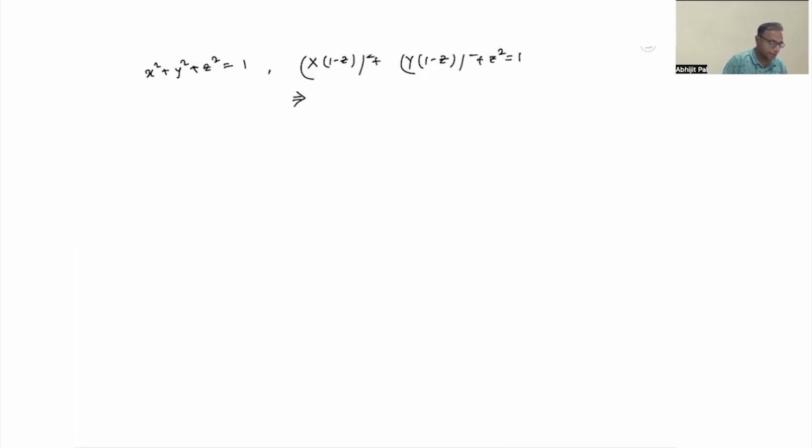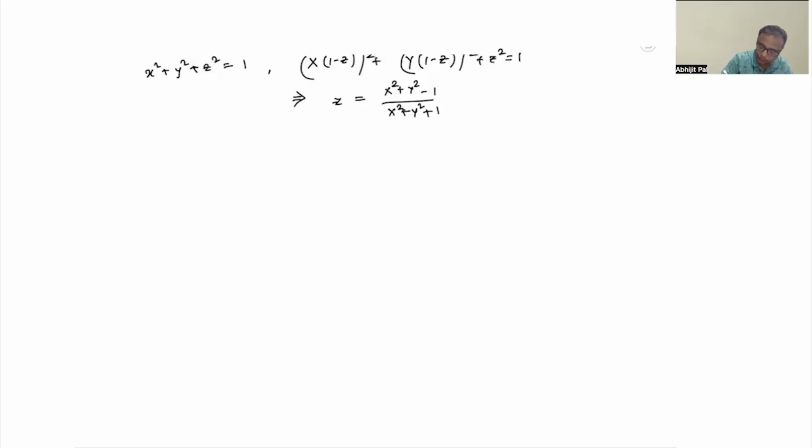You can solve that, and because z is not equal to 1, z will be equal to capital X square plus capital Y square minus 1 divided by capital X square plus capital Y square plus 1.